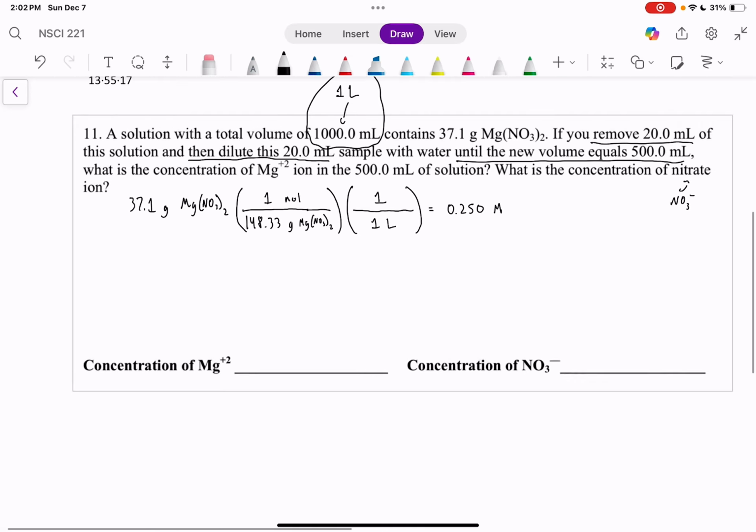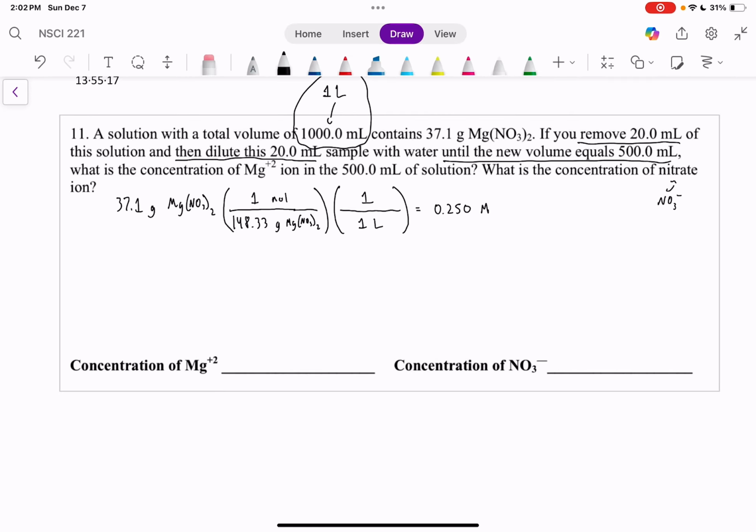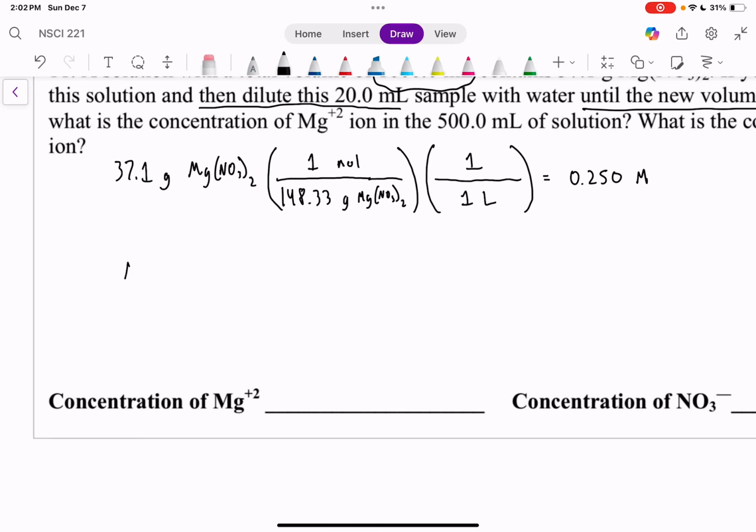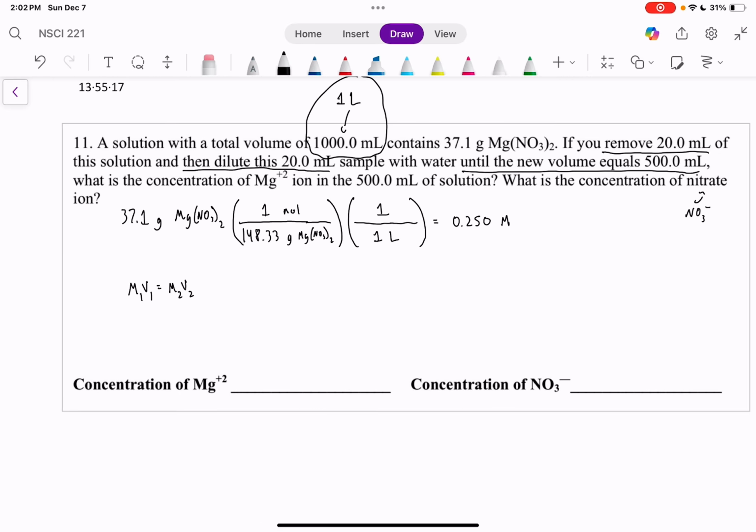So we know that the dilution equation is M1V1 equals M2V2, right? Now, if we remove 20 milliliters of the original solution, then the concentration stays the same.